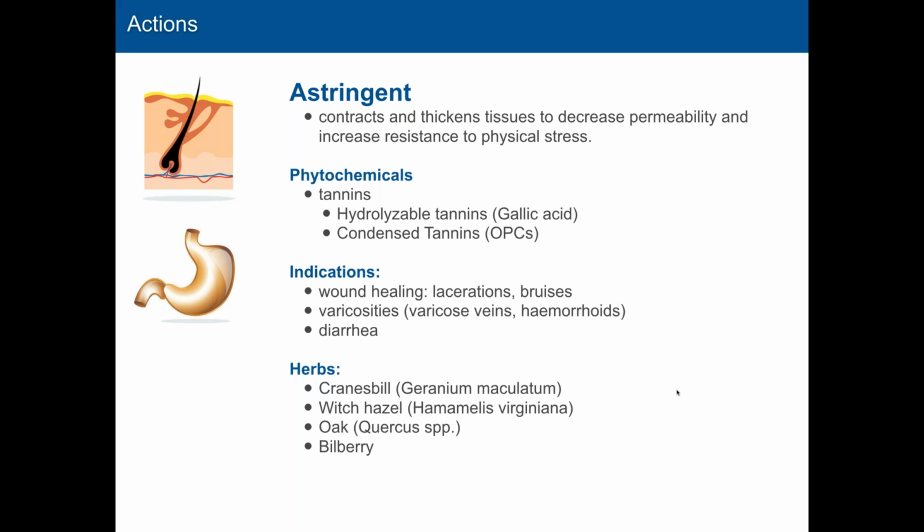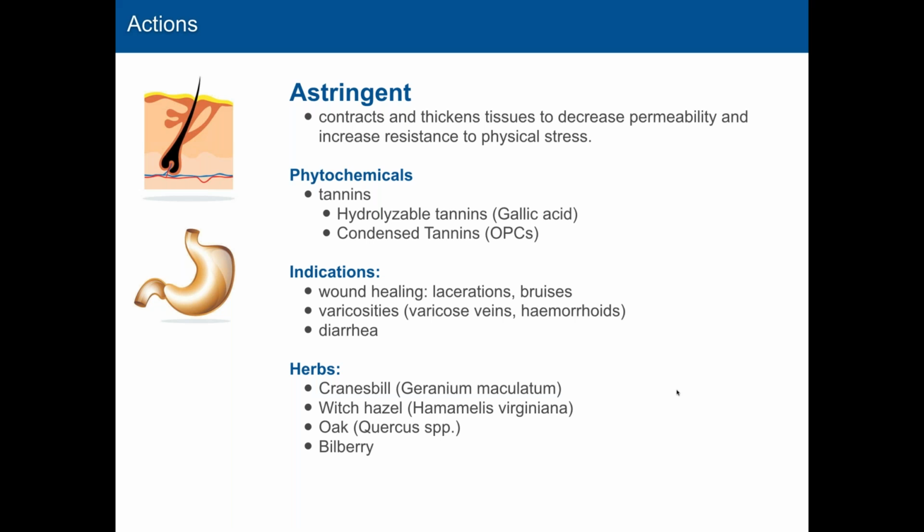Many of these astringent compounds can inhibit certain enzymes involved with, let's say, making stomach acid. So astringent herbs generally will have an antacid effect as well. So astringent herbs: wound healing, internal bleeding, can be used topically for varicosities, internally for ulcers, and also for diarrhea.